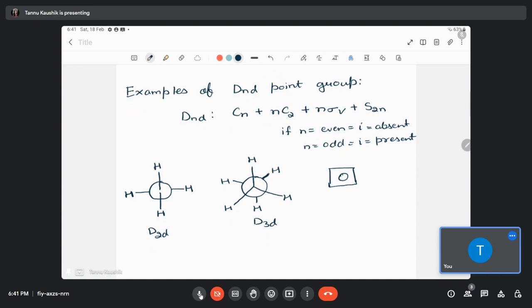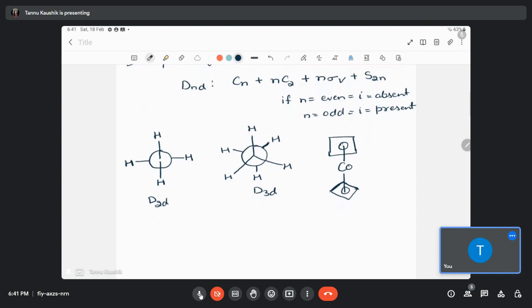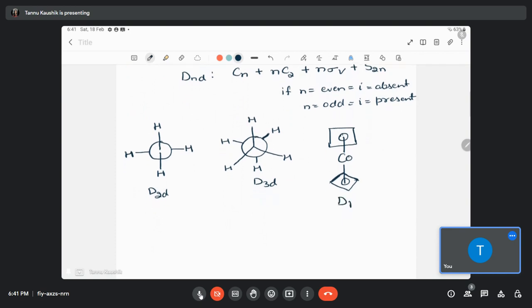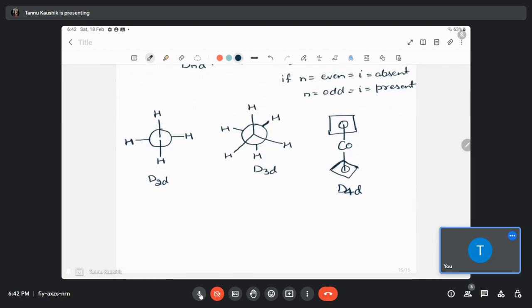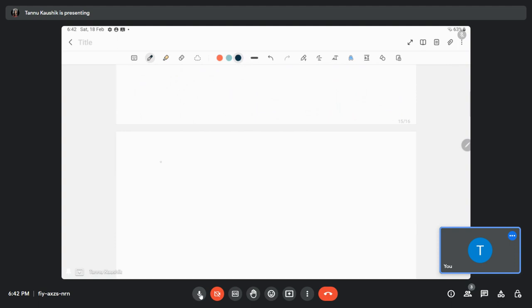If you take a cyclo, this will have D4d point group. This is ferrocene.